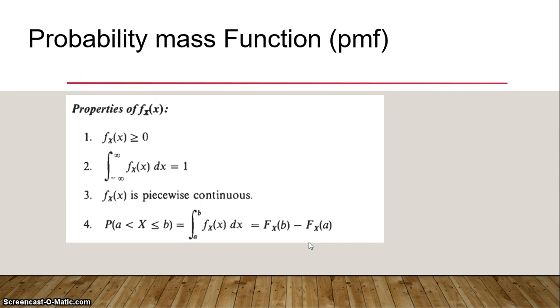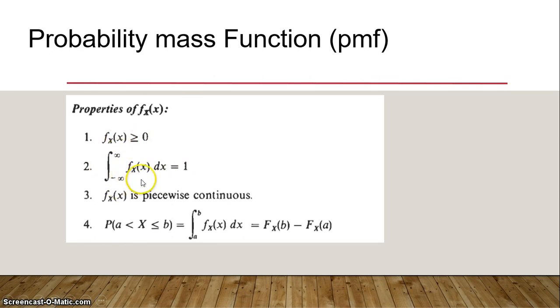Coming to the properties of the probability density function, the first property says that f_X(x) is greater than or equal to 0. Sorry, f_X(x) is actually the probability density function, the density function of a continuous random variable, which is always greater than or equal to 0. The area under the density function is always equal to 1. How will you represent that?